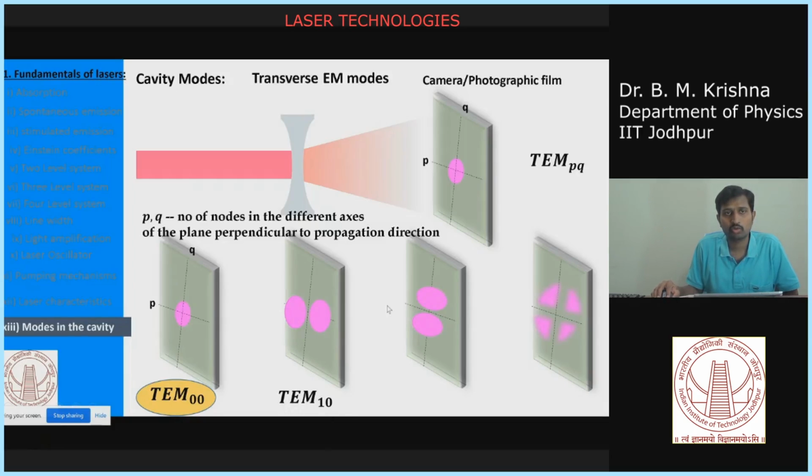And in this one, along P you don't have a node, and along the Q direction you have one node. This is called the TEM01 mode. And this one has one node along P and one node along Q. So this is the TEM11 mode.